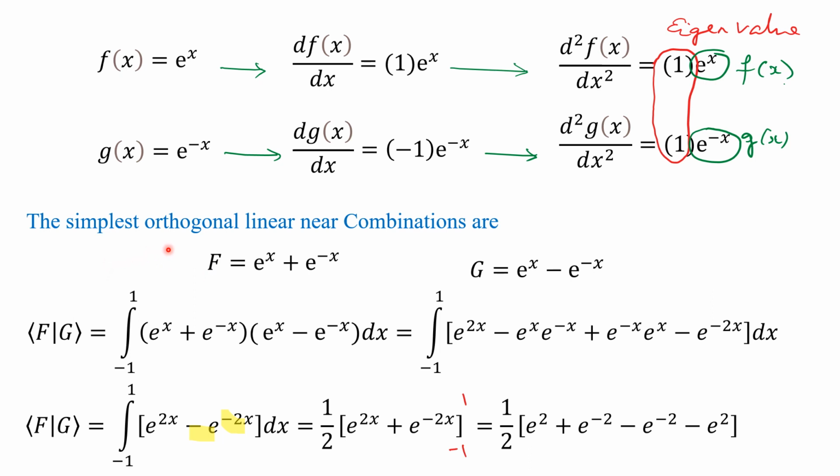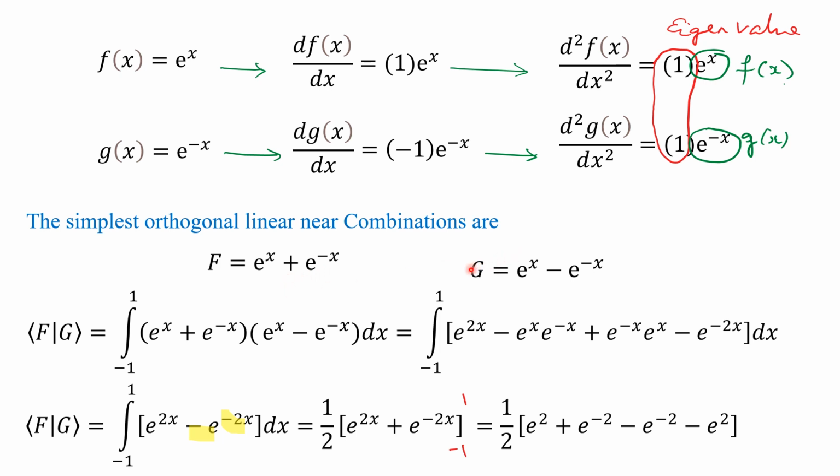Now we will check the simplest orthogonal linear combination. We will define a function capital F, which is equal to the addition of these two, e power x plus e power minus x.